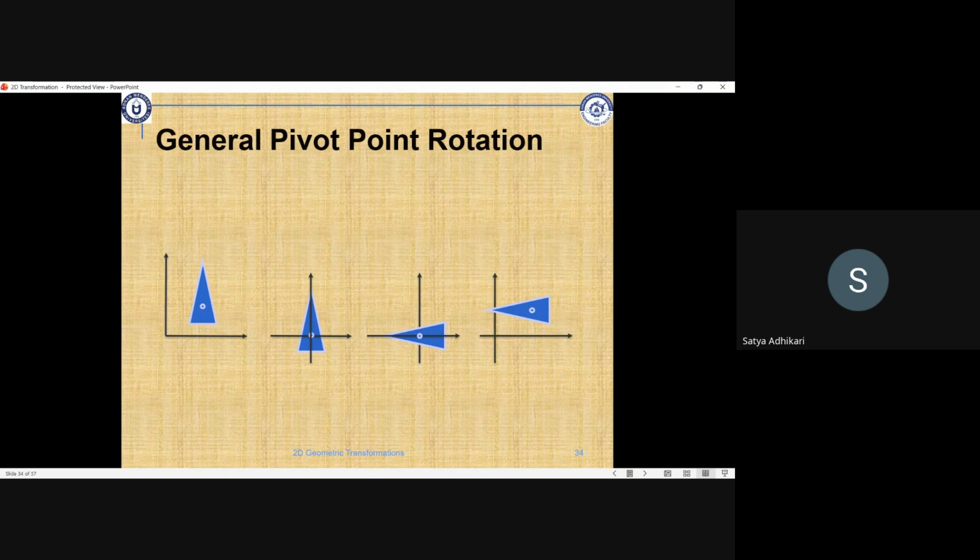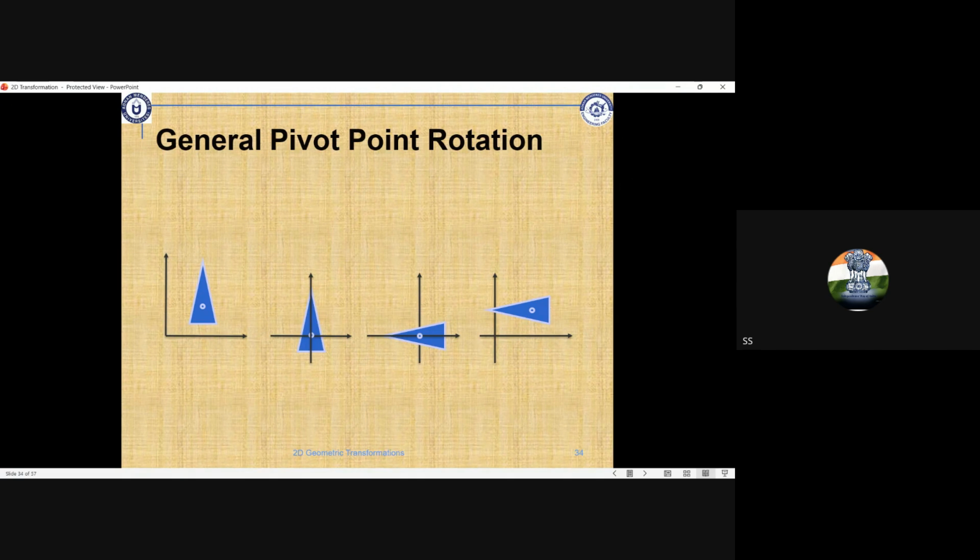Inverse translation, isn't it? Now the object is rotated by the specified theta angle with respect to the pivot point.